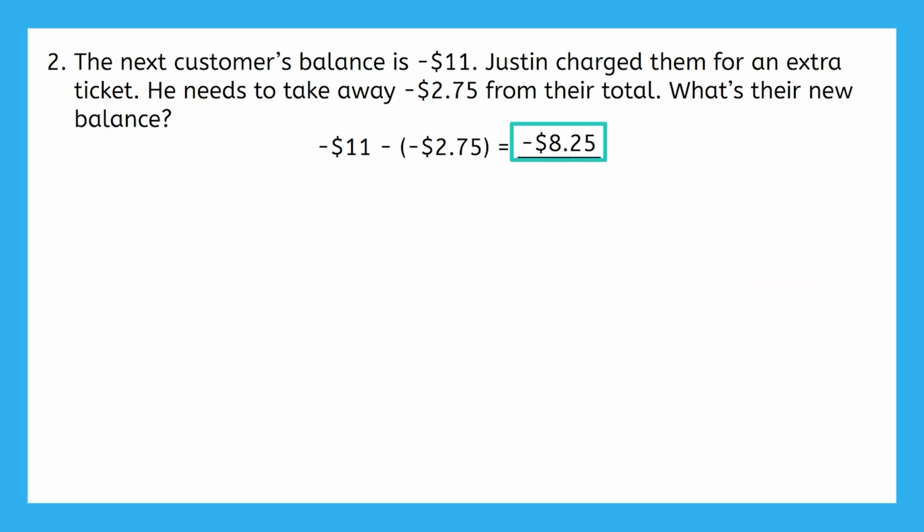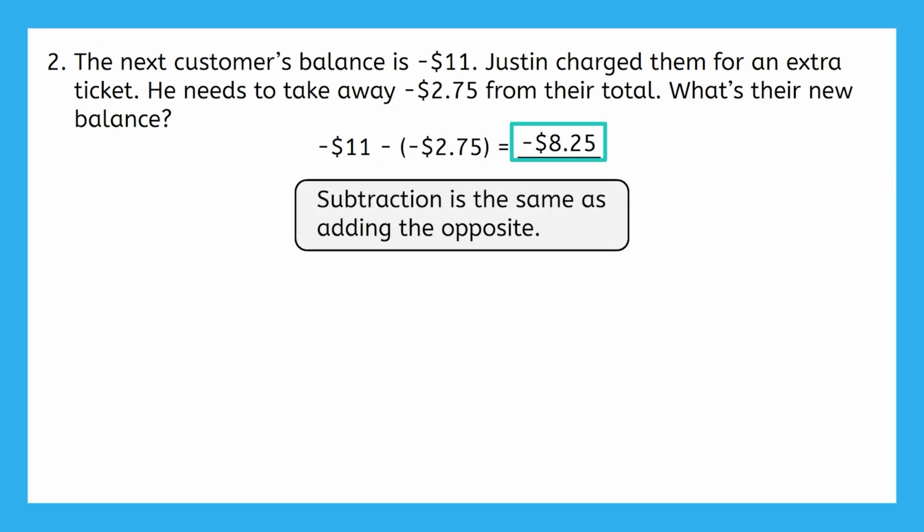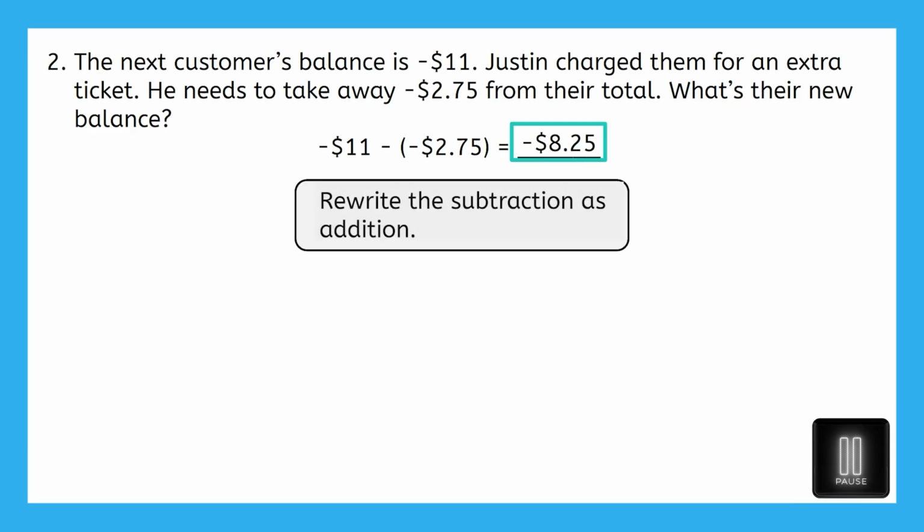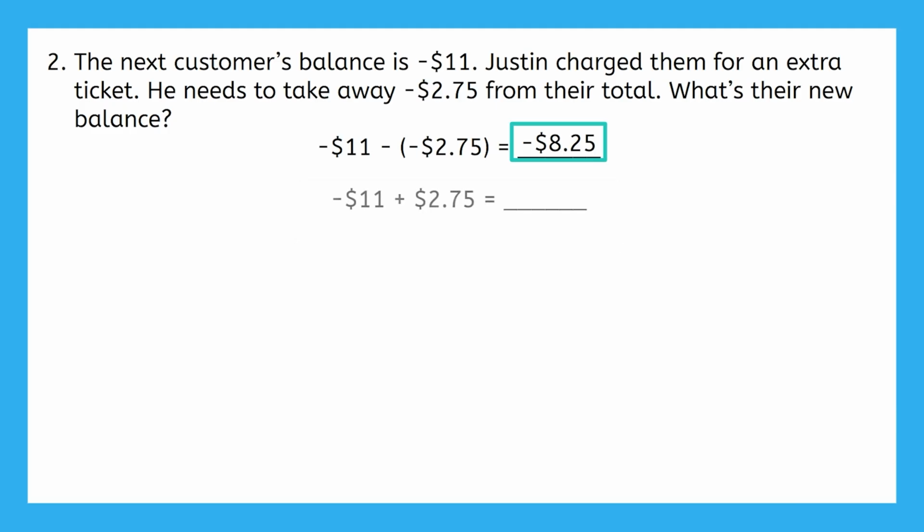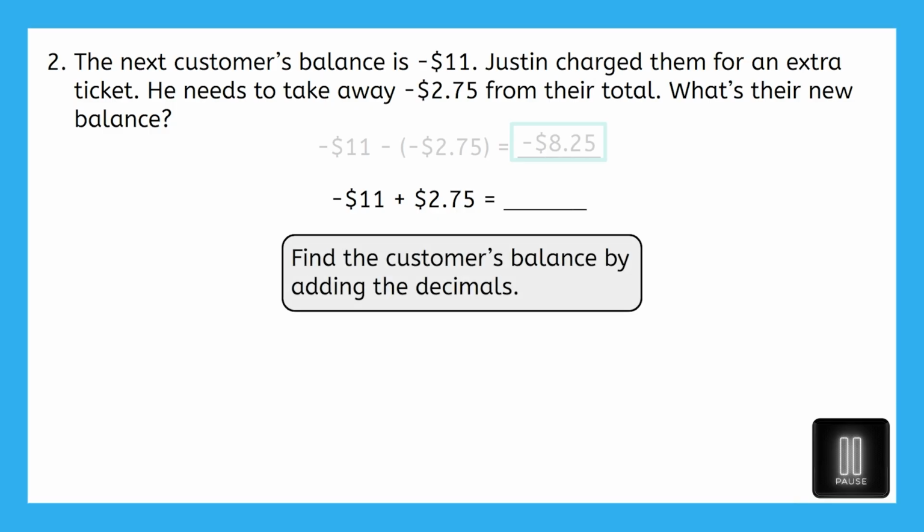Can we find this another way, though? Subtraction is the same as adding the opposite. Pause to rewrite this subtraction as addition. This problem is the same as negative 11 plus 2 and 75 hundredths. Now we can follow the rules for adding. Pause to find the customer's balance. Look at the signs to determine the process you should use.